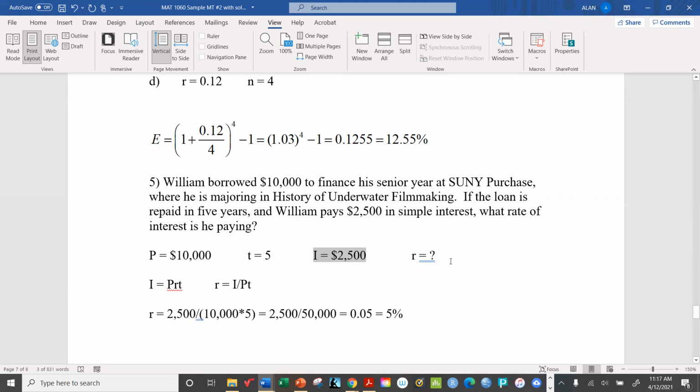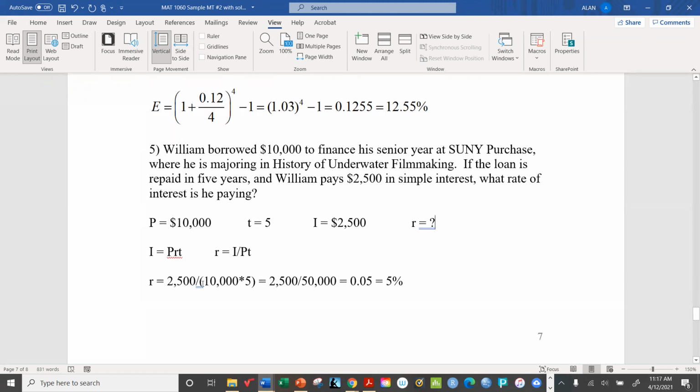What we need to find is R. You might recall that with these types of problems, we can rearrange the formula algebraically to solve for whatever we need. So here, that happens to be R equals I over PT. Now, here's where we've got to be careful again.